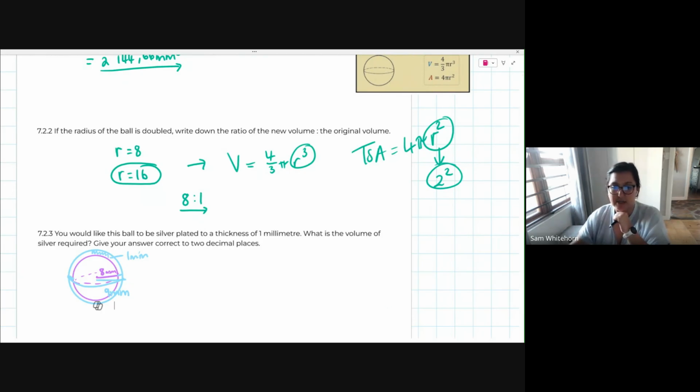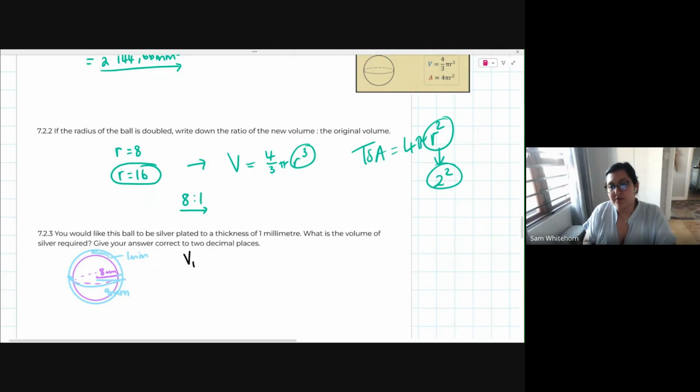And so what I can do is work out the volume of the slightly bigger sphere, subtract the volume of the original metal ball, and then what I'm left with is just that thin silver plating volume around the outside. That's what I was saying earlier: whenever we're thinking about shapes inside another shape, 99% of the time, it's a subtraction that we're going to have to do.